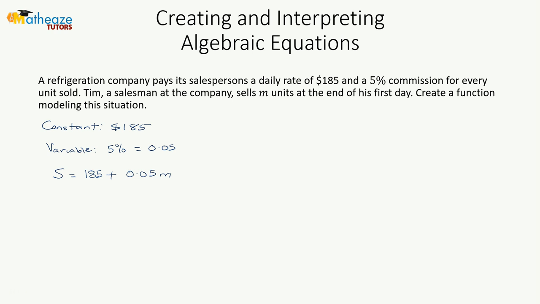So this is going to be the variable and this is going to be your constant term. So I just like to rewrite it with the term handling the variable coming first. So this is 0.05 M plus 185.